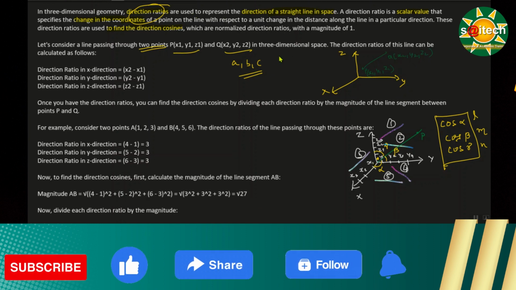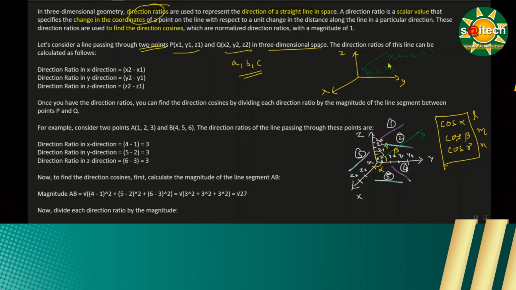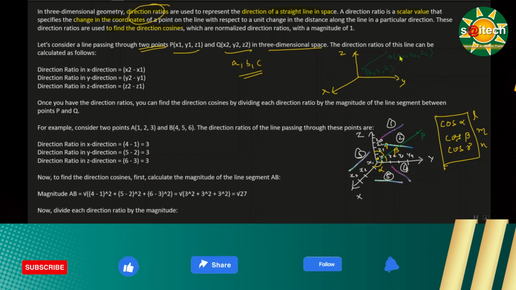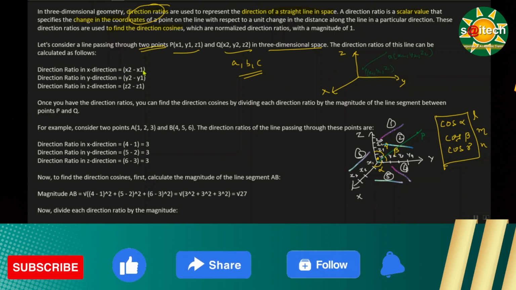So this PQ is in 3-dimensional space, so it can lie anywhere in this space, but it is specified by these 2 points P and Q. The direction ratios of this line can be calculated. So how to calculate the direction ratio for this? It's very simple. x2 minus x1, that is, you have to consider this and this.